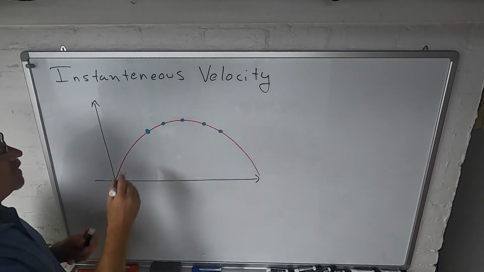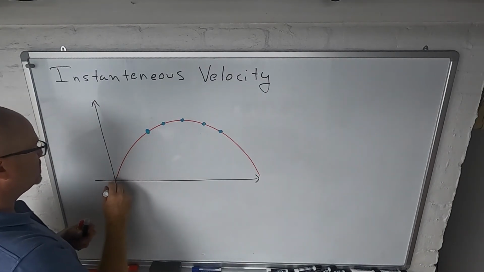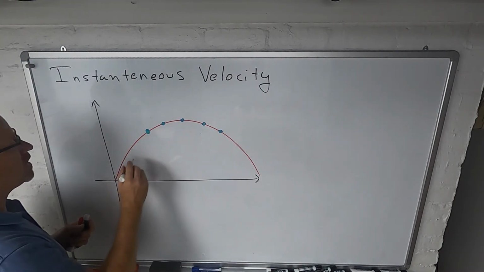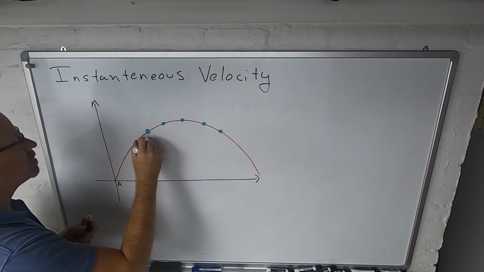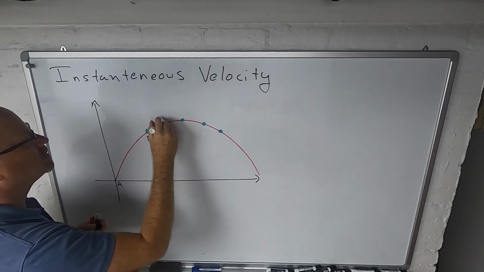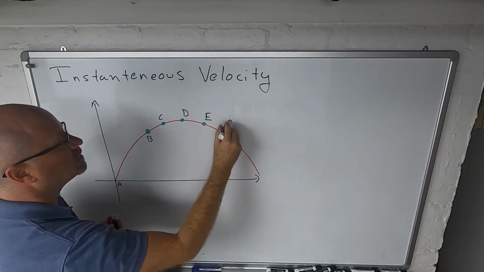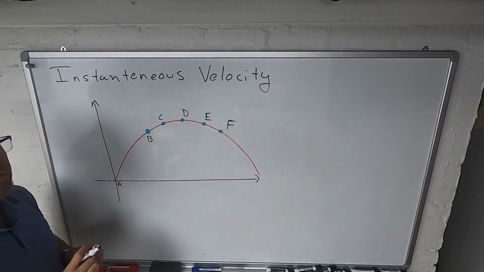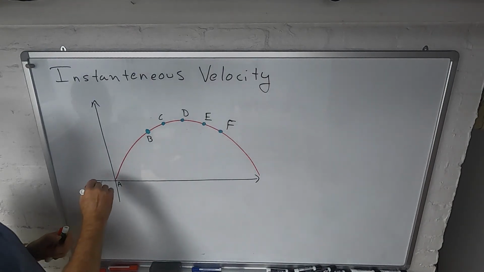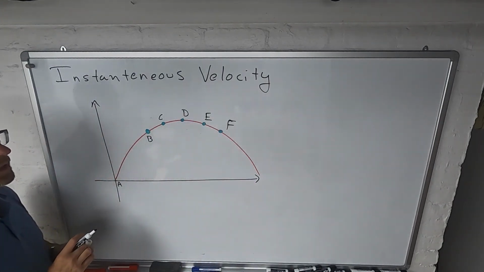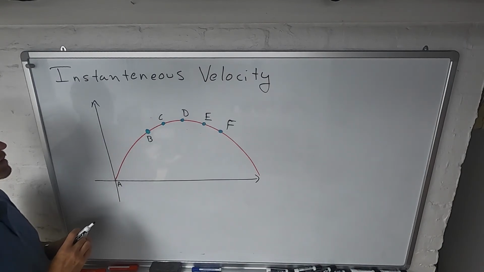So what I've drawn here is some positions of a soccer ball being kicked by a soccer player at a set of different times. And you can see that this soccer ball travels in a parabolic shape, and we're going to talk about why it's a parabola later.